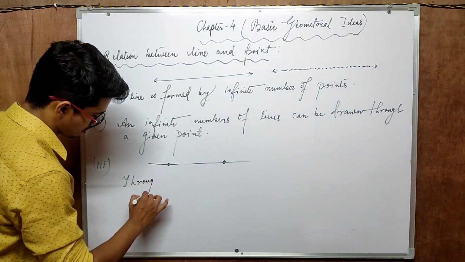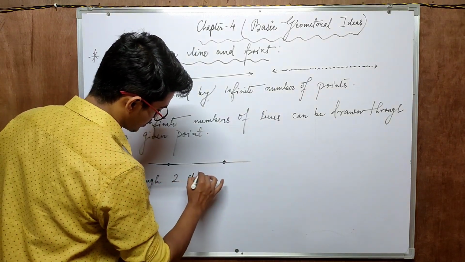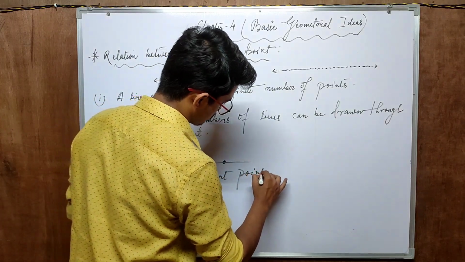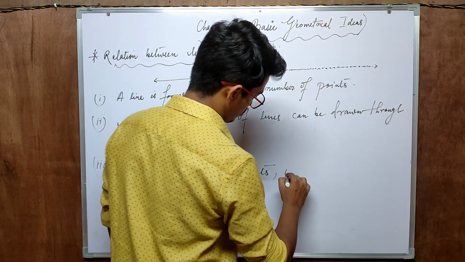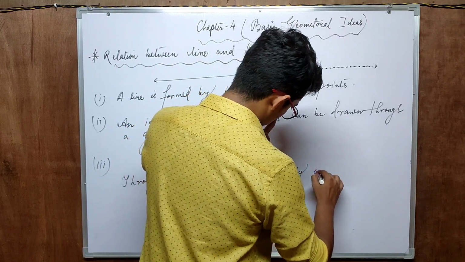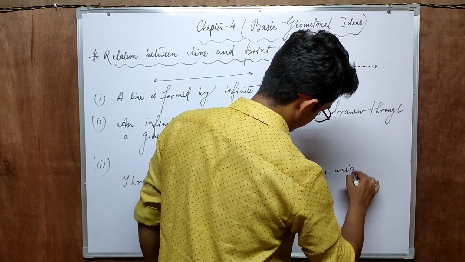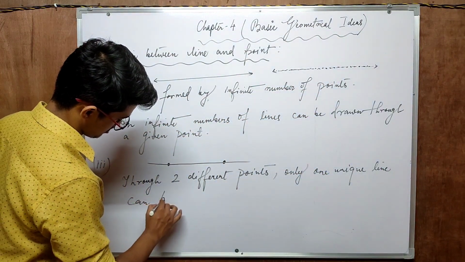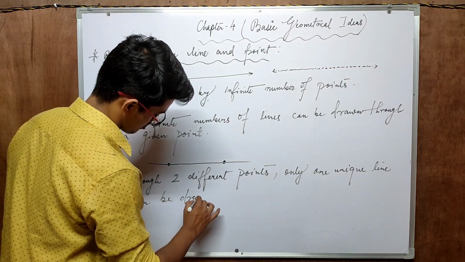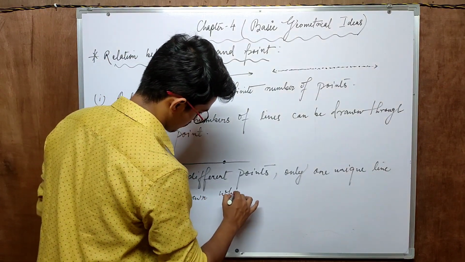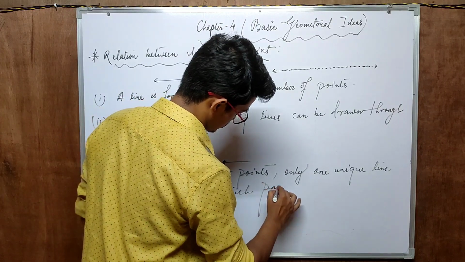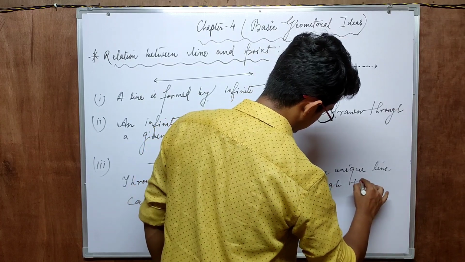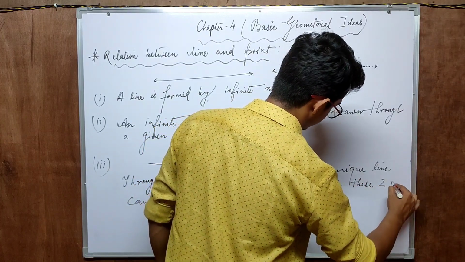Through 2 different points, only one unique line can be drawn which passes through these 2 points.